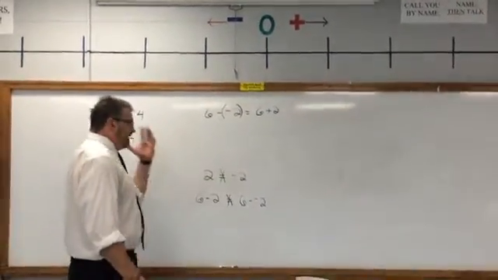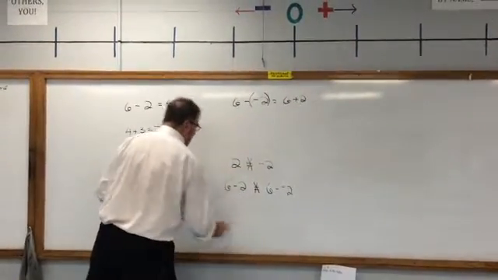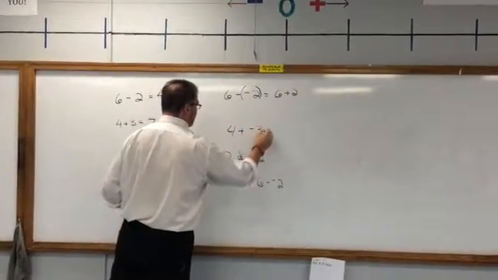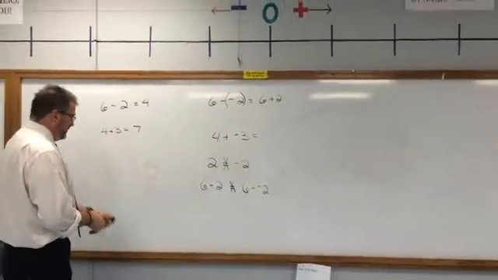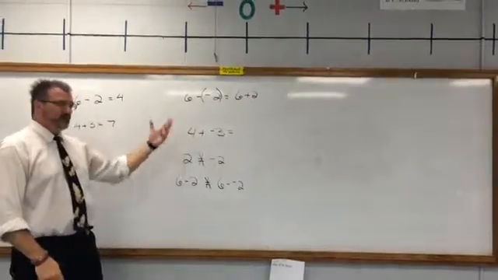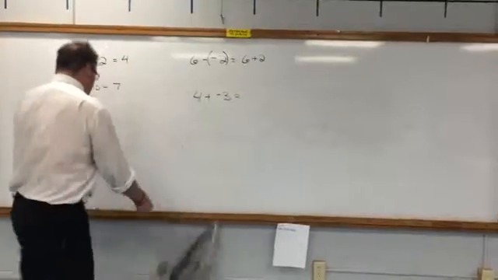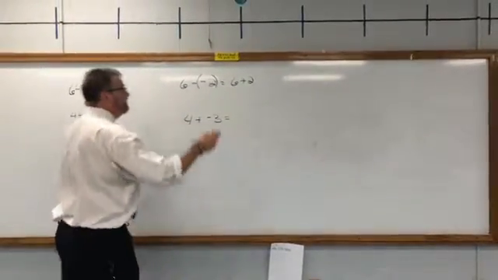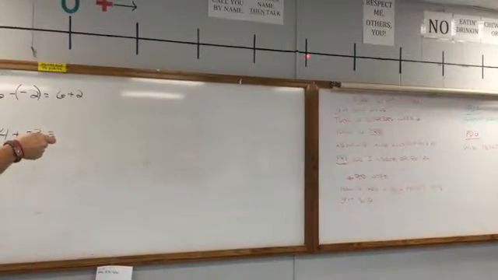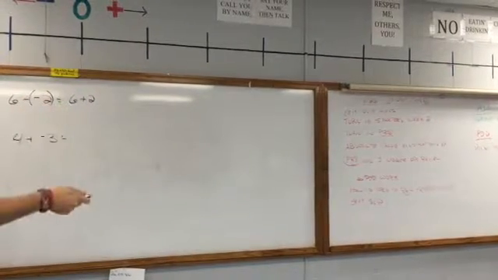In the same justification for addition, if I wanted to do 4 plus a negative 3, once again, we know that 4 plus 3 can't be the same thing as 4 plus negative 3, because the 3 and the negative 3 are not the same. So, that means I cannot start with 4, 1, 2, 3, 4, and go 1, 2, 3 that way, because that's plus a positive 3.